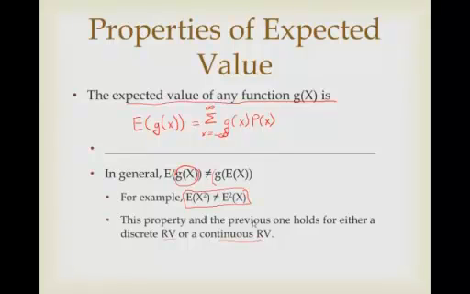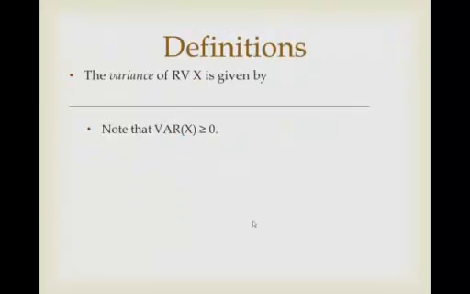Now, the variance of a random variable x is defined by, we're going to put our little variance of x. Well, what do we want to do? We would like to find the expected value of wherever our x actually falls, and its distance from the average of that function.